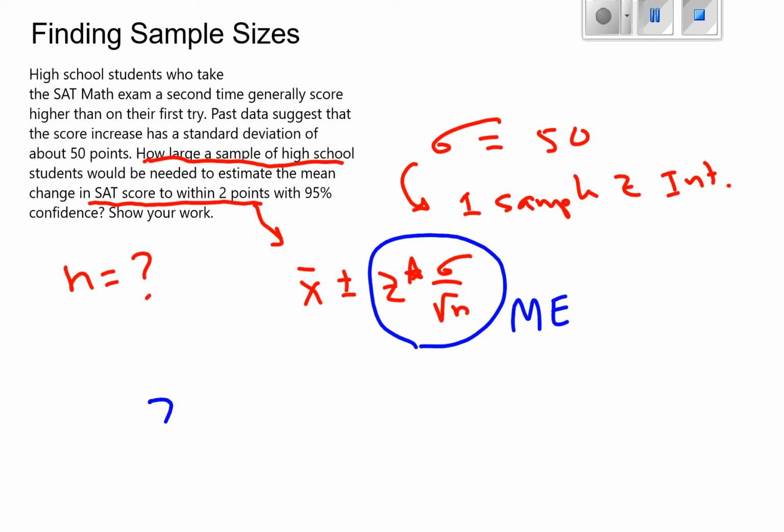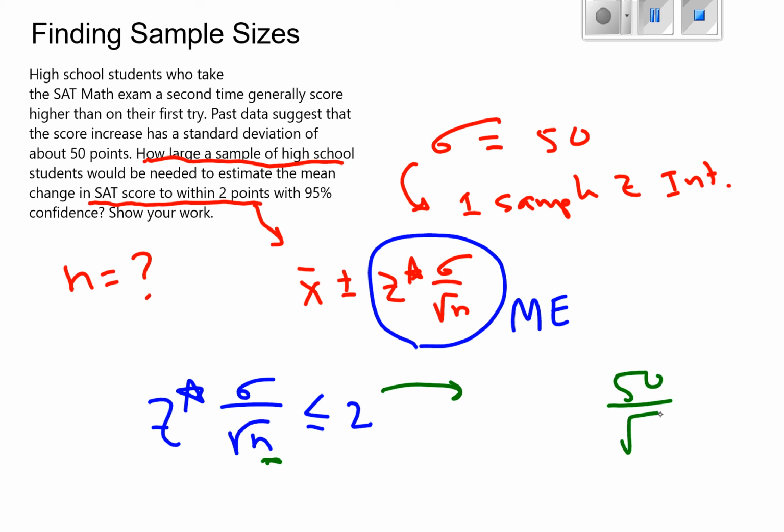So I'm going to write that this way, Z star times standard deviation of population over the square root of N is less than or equal to 2. That's what we're looking for. So let's see, we expect N to be missing here, so that's not a surprise that that little N is gone. We do know the standard deviation though is 50, so I can put 50 up here over the square root of N, less than or equal to 2.